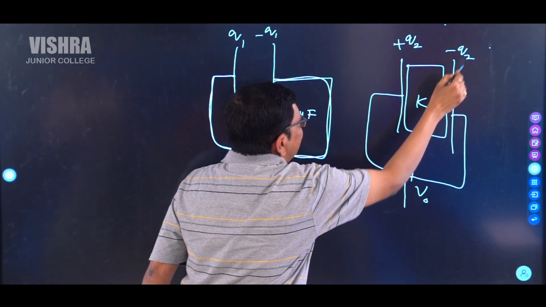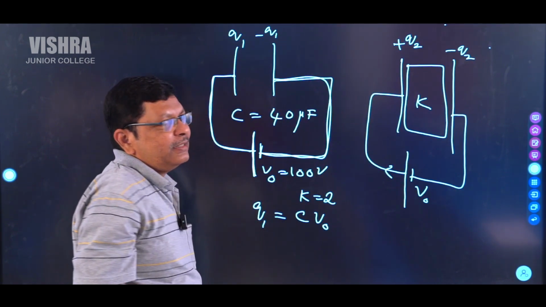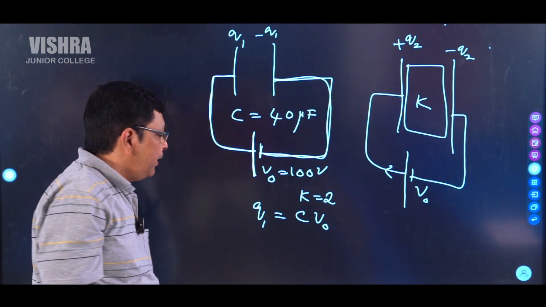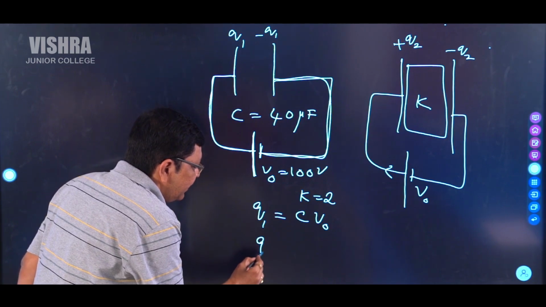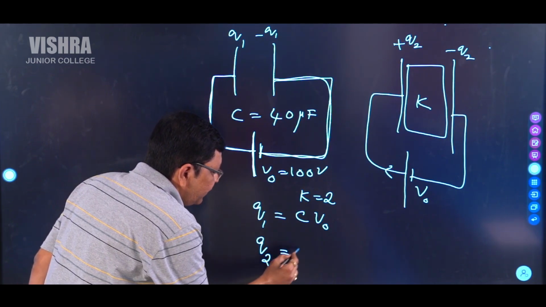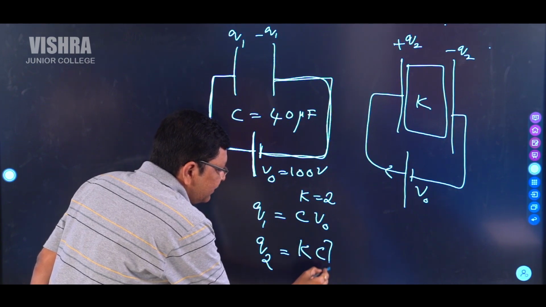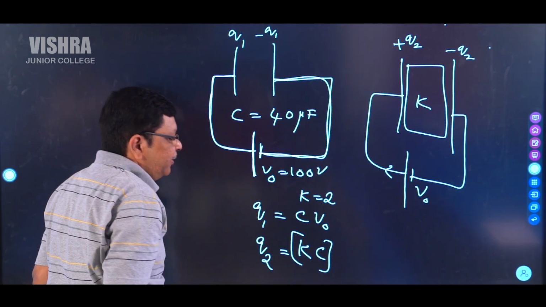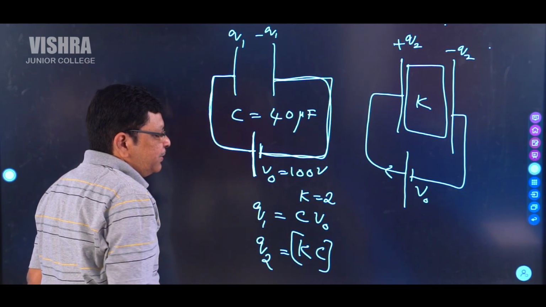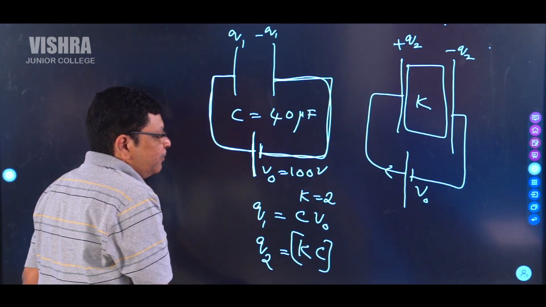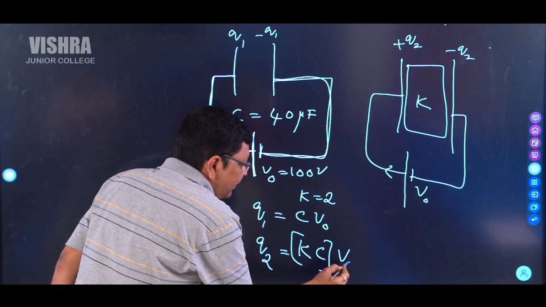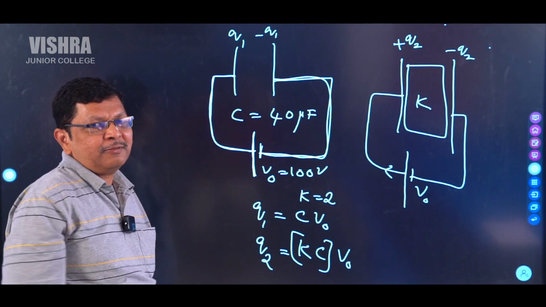Imagine in the second case the total charge on the capacitor is Q2. Now Q2 can be written using the new capacitance, because the dielectric is completely filled. The new capacitance is K epsilon naught A by D, whereas the initial is epsilon naught A by D, so K times the initial, with the same battery and the same potential difference.